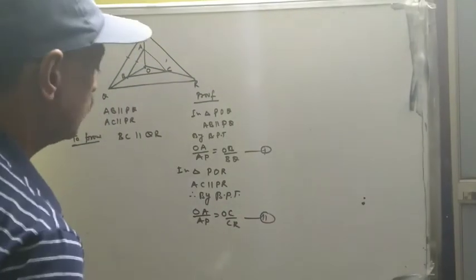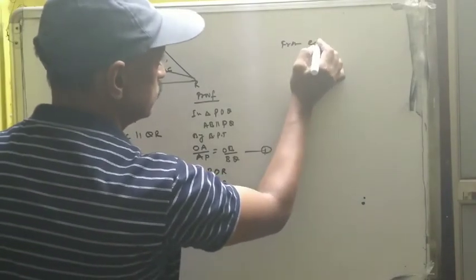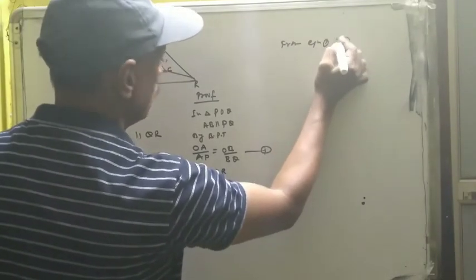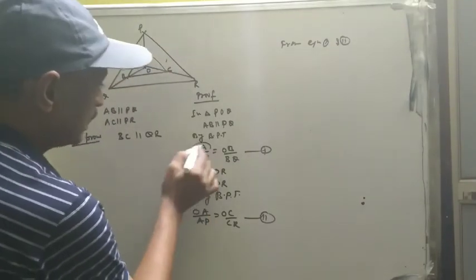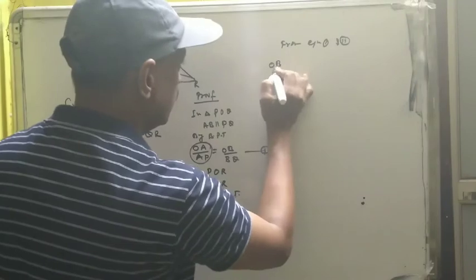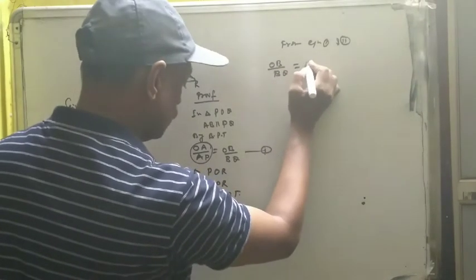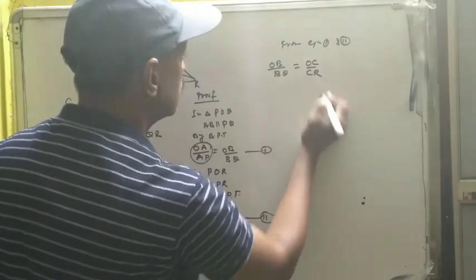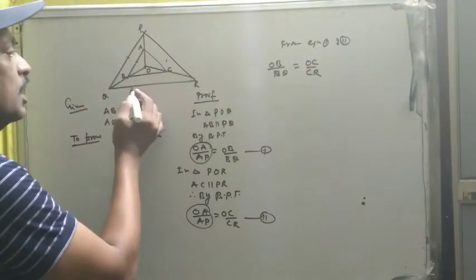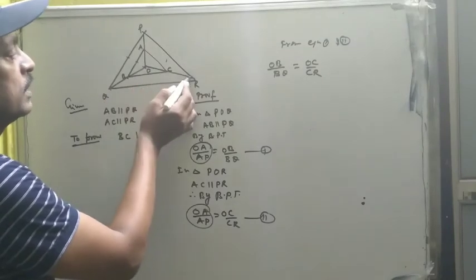Now see from equation 1 and 2. Look here, the left hand sides are the same, equal. So the right hand sides can be written as equal. So OB upon BQ equal to OC upon CR. Now see in the figure, you will find that OB upon BQ is equal to OC upon CR.